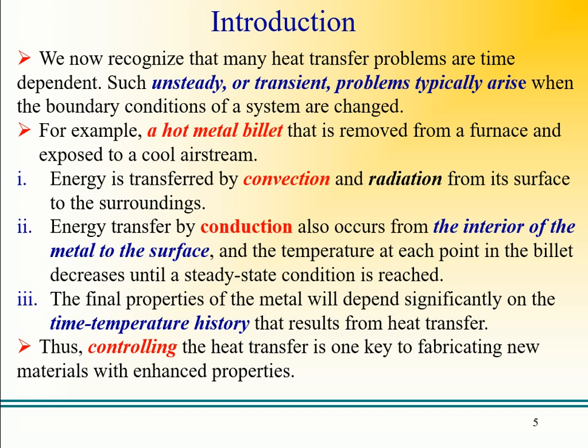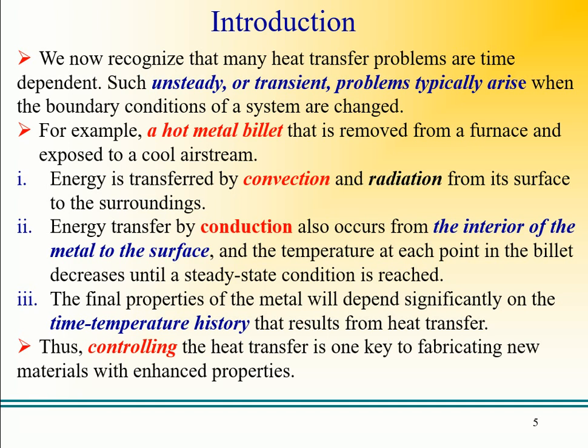The properties of the metal will depend significantly on the time-temperature history. As the temperature varies within the solid material, properties like density and specific heat are now time dependent, and that results from the heat transfer. Thus, controlling the heat transfer is one key to fabricating new materials with enhanced properties.